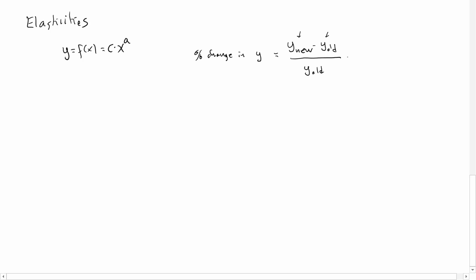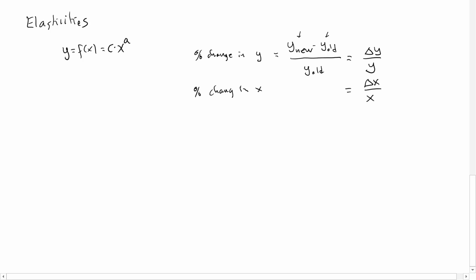We can use the delta notation to simplify this a little bit. So we write this as delta y over y, where delta y is the change in y, the new one minus the old one, and y is the starting value. Similarly, the percentage change in x is given by the same thing, delta x over x.